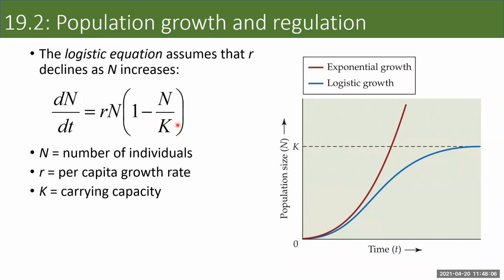So essentially, your change in population size is based off of the number of individuals you have, their growth rate, and the carrying capacity. The higher the number is, the closer it gets to K, so the fewer individuals you add to that population. So the closer to 0 R becomes.